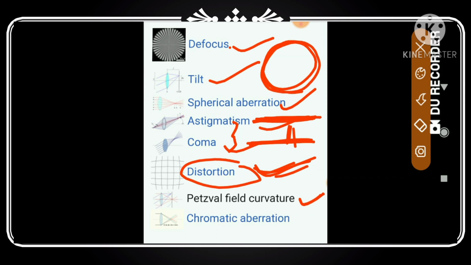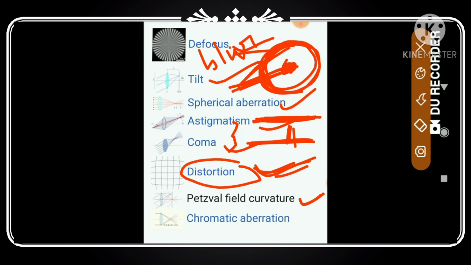The central portion of the image is nearer to the principal axis, which is in focus, but the outer region of the image, away from the principal axis, looks blurred. This defect is called curvature of the field.